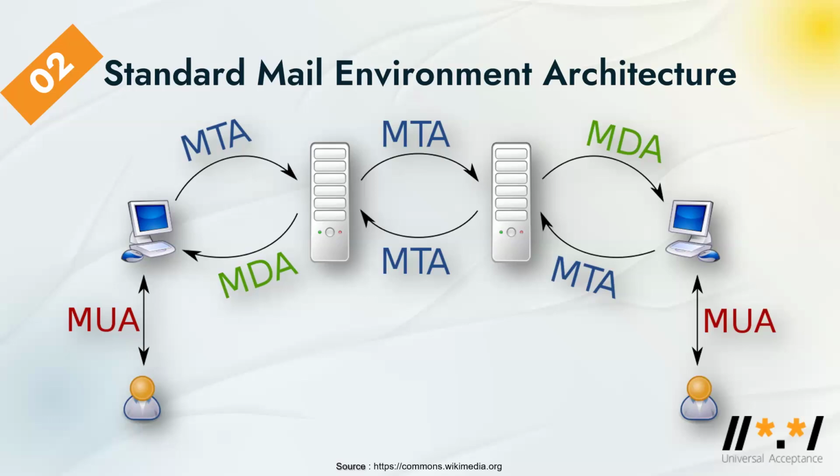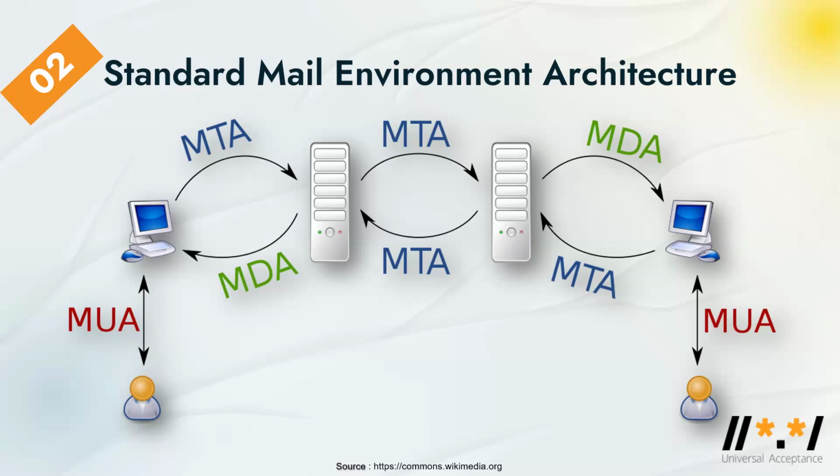At this time, the mail server of the sender goes directly to the mail transport agent of the receiver and says, I want to send you a message. Then there is another module called the mail delivery agent that collects and downloads the message from the sender and delivers it to the mail user agent at its destination.